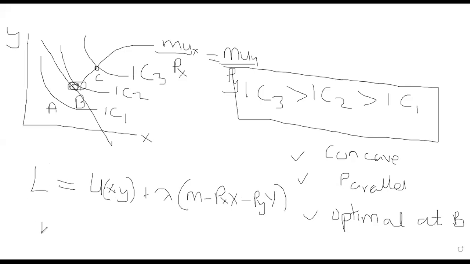Our budget line is given by our income equal to the price of x times x plus the price of y times y. This is how our budget constraint is derived.